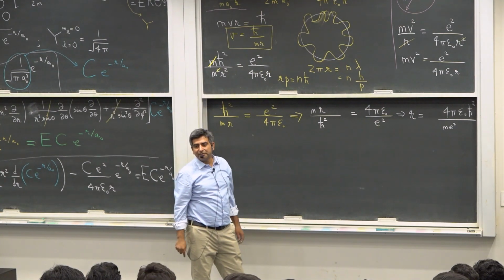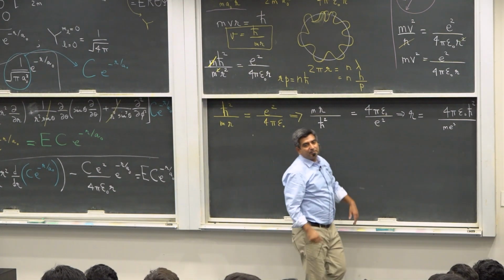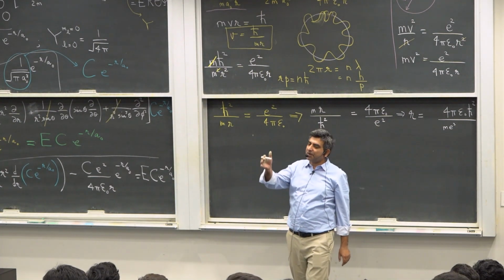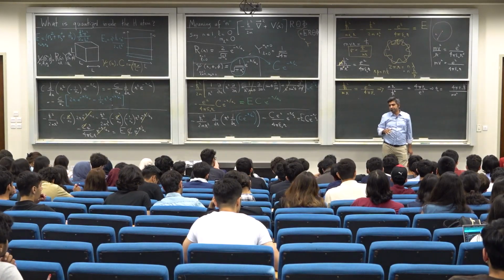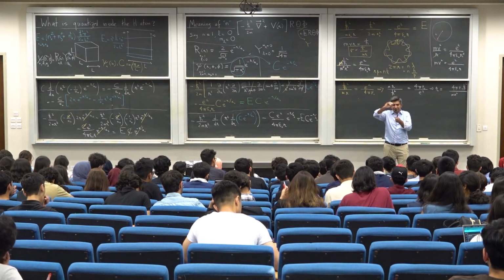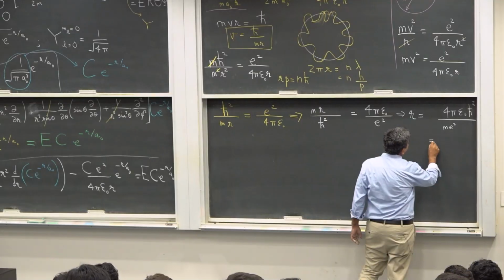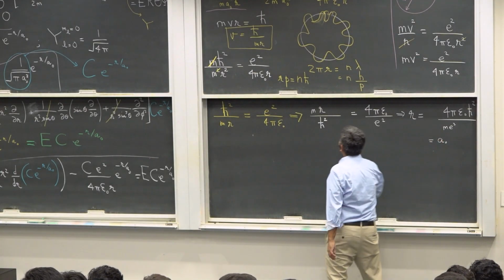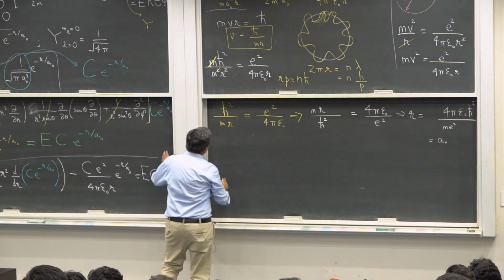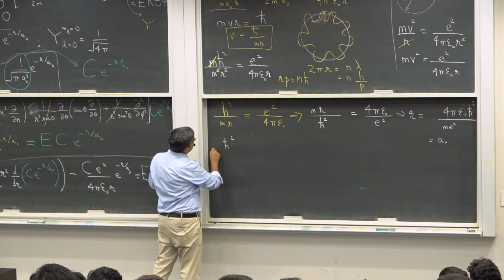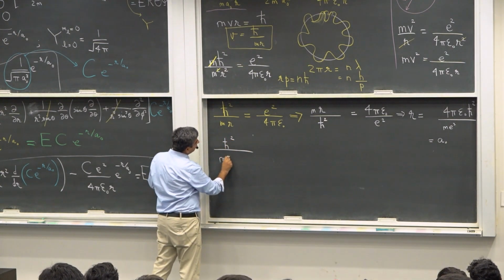All right, but this r, Bohr called this the Bohr radius. This is our a naught. This is the radius of the electron in its lowest orbit. So this is really a naught. So if I look at the first term over here, h bar squared over m r, r into a naught.